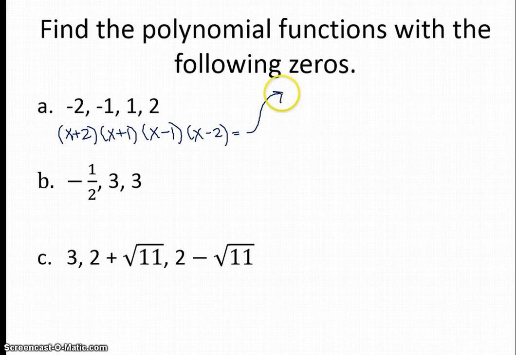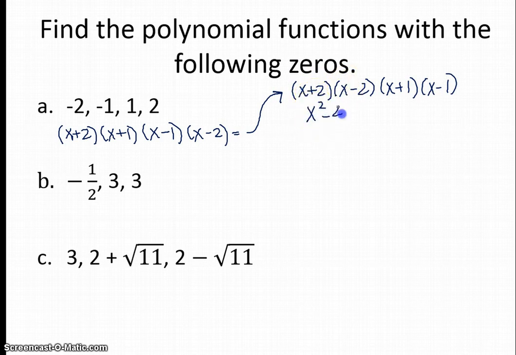When I do that, I'm going to group these a little bit differently so that I can do x plus 2 and x minus 2, and then x plus 1 and x minus 1, because I know that x plus 2 and x minus 2 gives me x squared minus 4, and this gives me x squared minus 1.